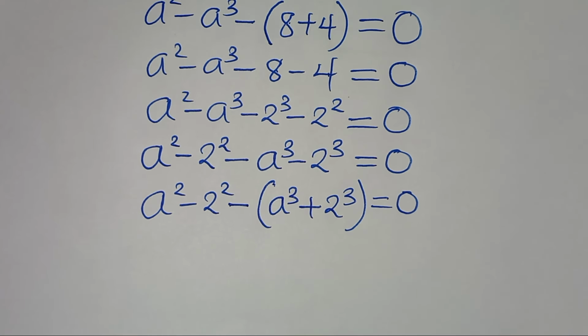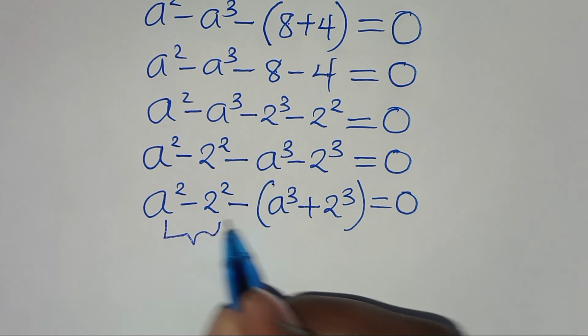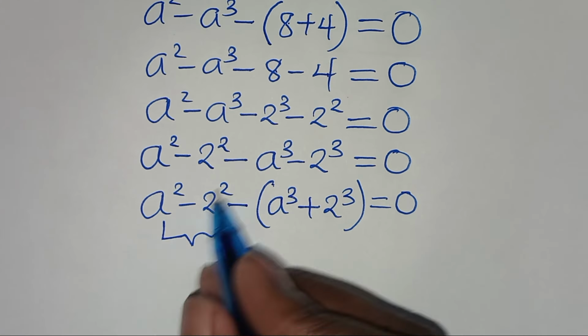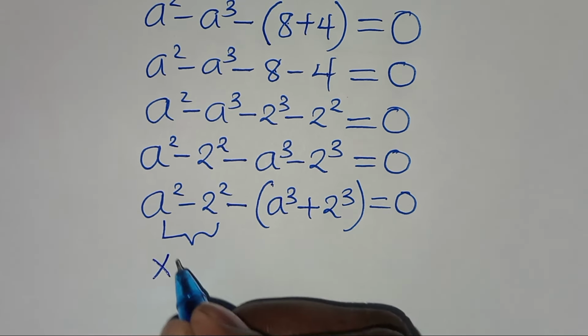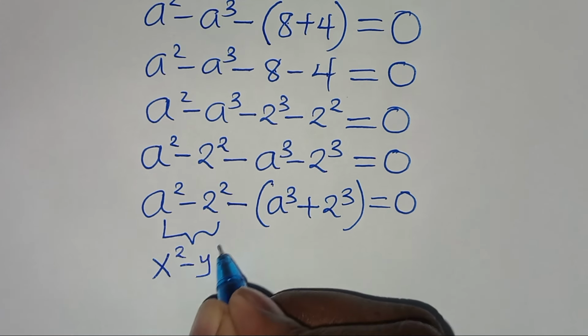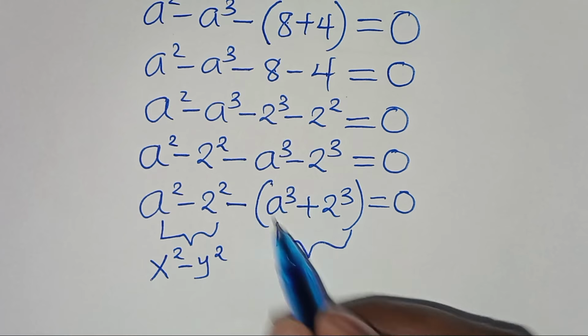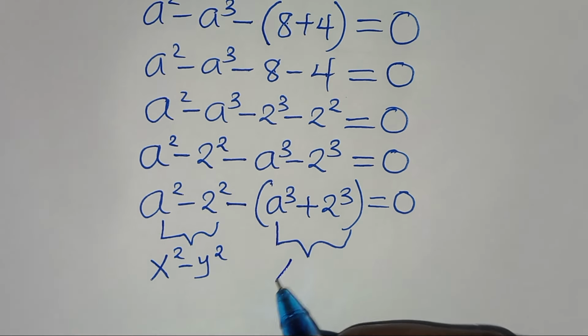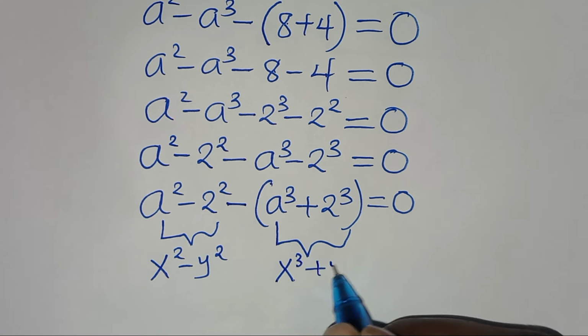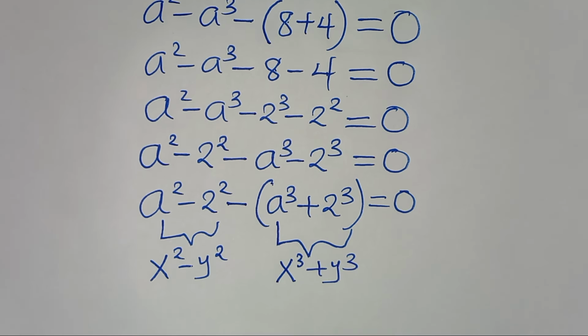Now we have two parts here. The first part is the difference of two squares, expressed as x squared minus y squared. The second part here is the sum of two cubes, expressed as x to power 3 plus y to power 3.